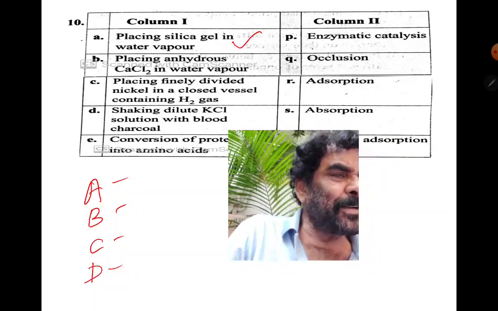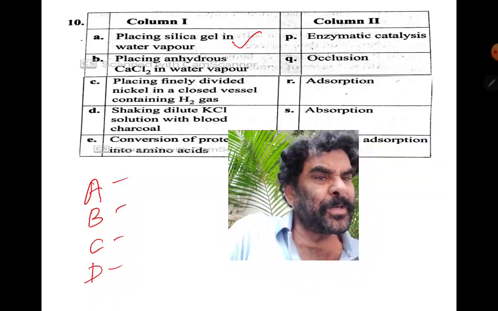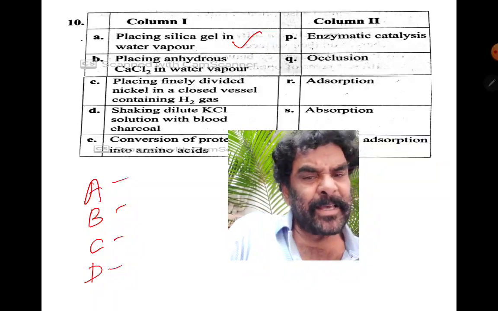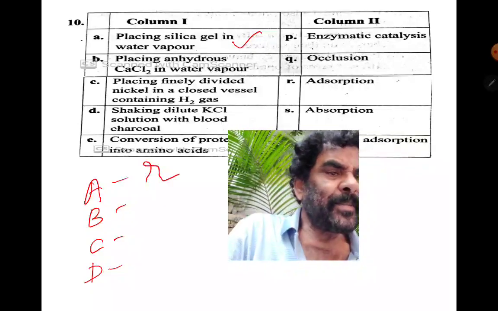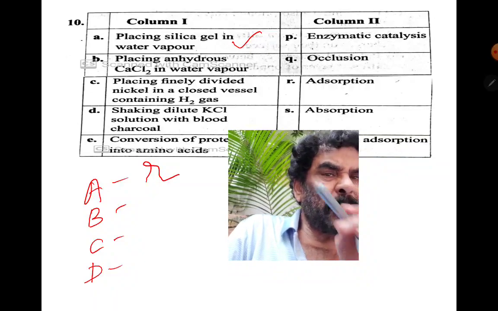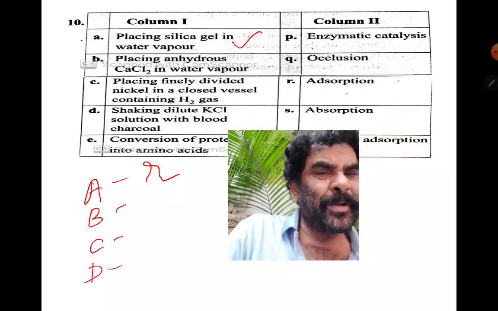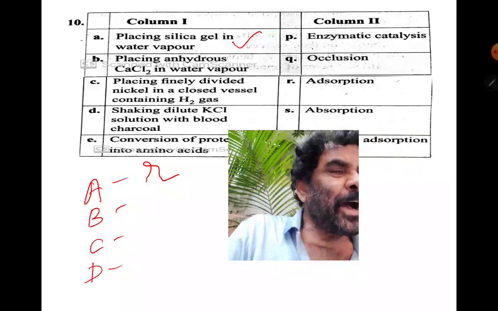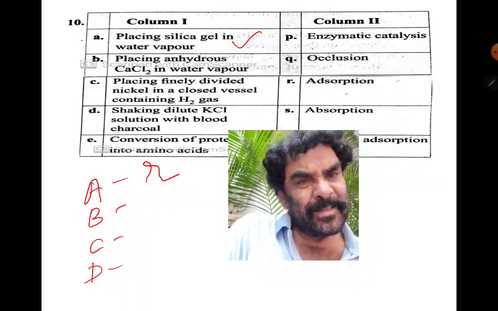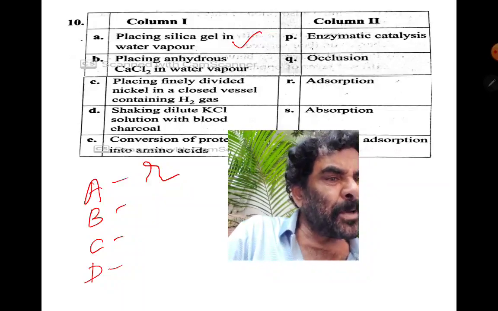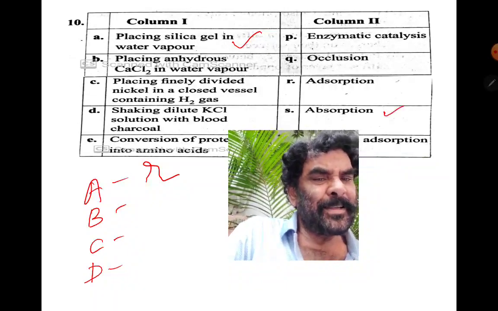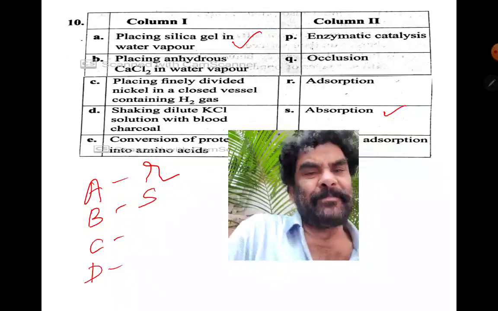When it is placed, it takes up the water, adsorption takes place. This is R. Placing anhydrous calcium chloride in water vapor. That is absorption, as calcium chloride absorbs the water. Therefore S is correct for B.